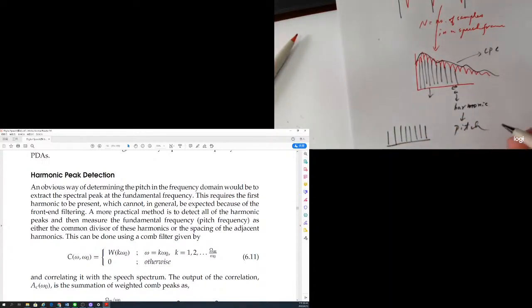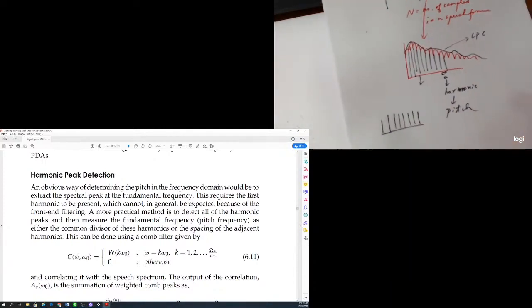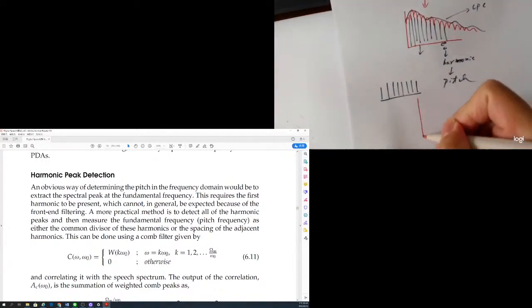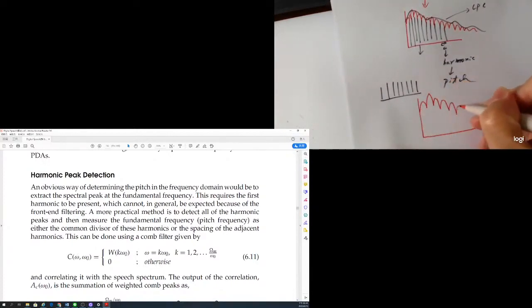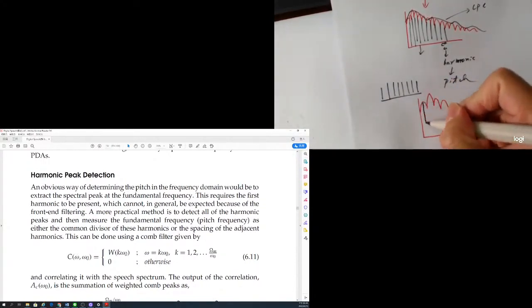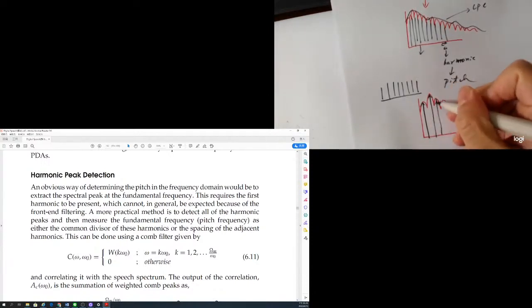The comb filter tries to match your envelope peak points, the harmonics. They try to make the comb's peak points align close to your peak points.